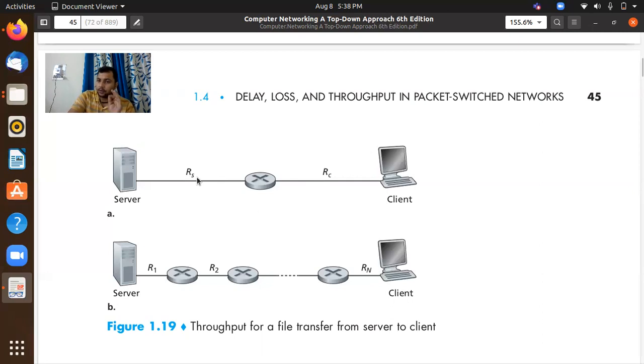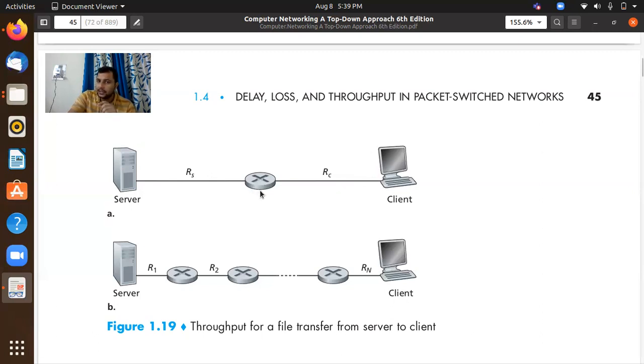That bottleneck link will define the average throughput. Suppose this RS value is 5 Mbps, and RC is 1 Mbps. So the client can receive at the transmission speed of 1 Mbps, whereas the server can receive and send both at the speed of 5 Mbps. So the bottleneck link here is 1 Mbps.